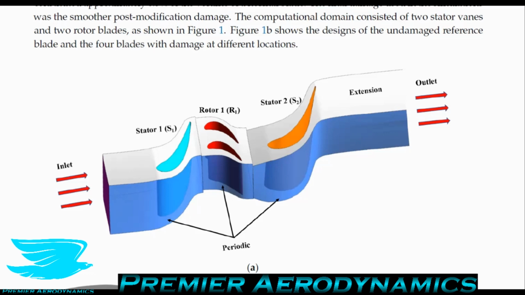So whatever happens downstream will affect upstream a little bit as well. For example, if you increase the back pressure, so the pressure downstream, that will affect how the flow goes over the upstream stator and whether the flow stays attached or not. So if you have a greater pressure pushing back, that can result in premature stall, and then you can reduce the performance of your turbine that way.